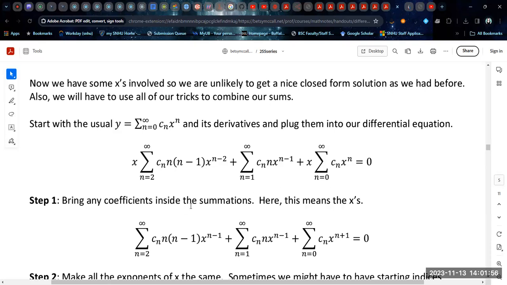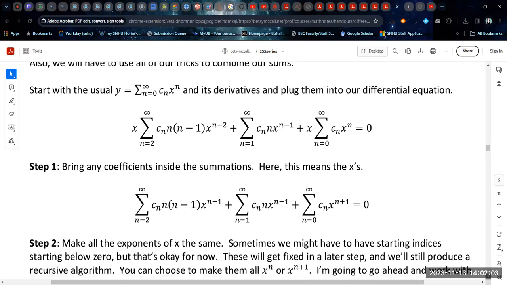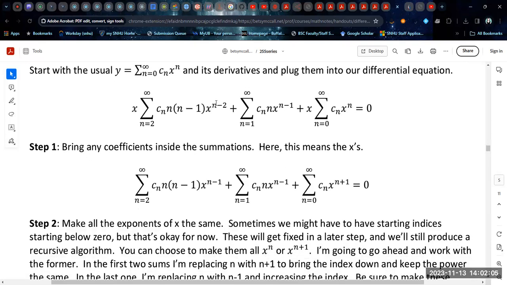Now, here we want to bring any coefficients inside the sum. That means these two x's. And so we're going to multiply x times x to the n minus 2. We're multiplying with the same base, we add exponents. Same thing here, x times x to the n. This gives me x to the n plus 1.